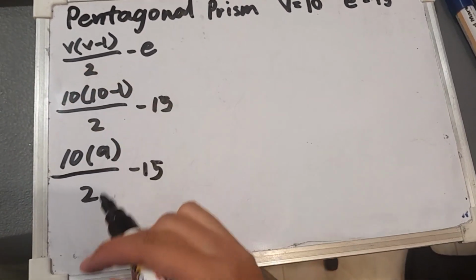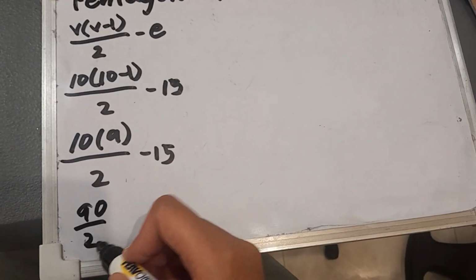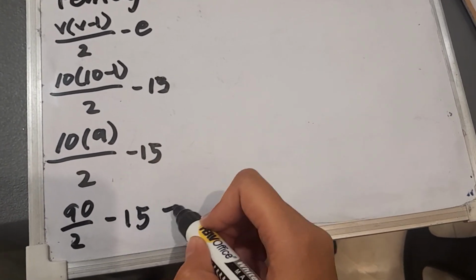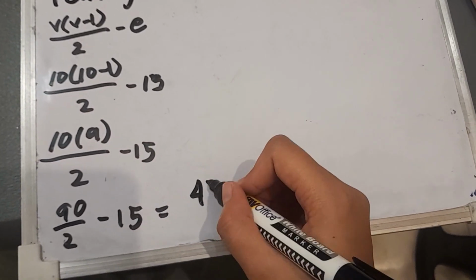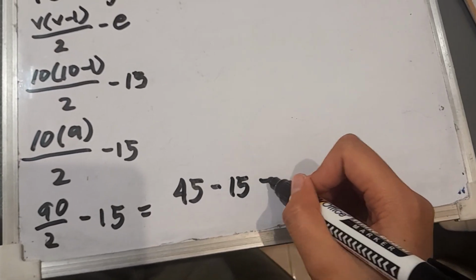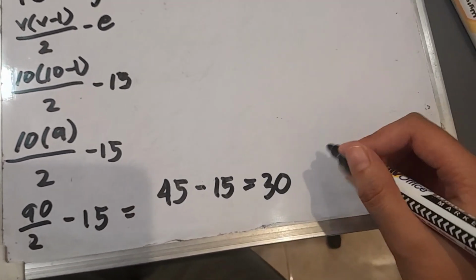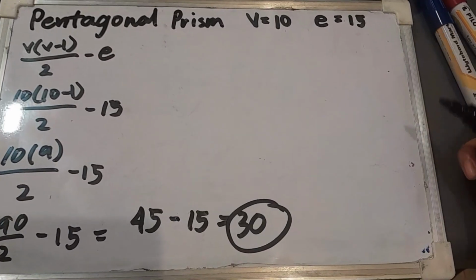So 10 times 9 is 90. So 90 divide 2 minus 15, where 90 divide 2 is 45 minus 15 is equal to 30. So there is 30 diagonals in a pentagonal prism. So let's check if it is correct.